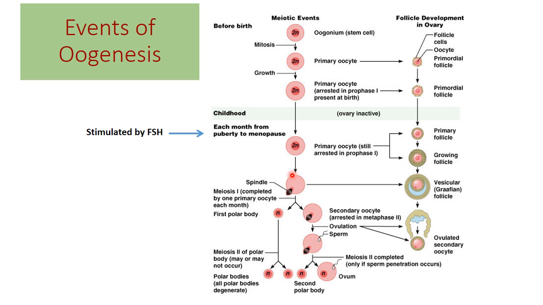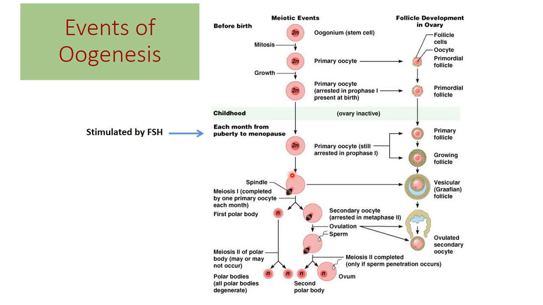Around these oocytes, which are known as primary oocytes now, that are arrested in prophase 1, we have follicle cells, and together these follicle cells with the primary oocyte are known as primordial follicles.